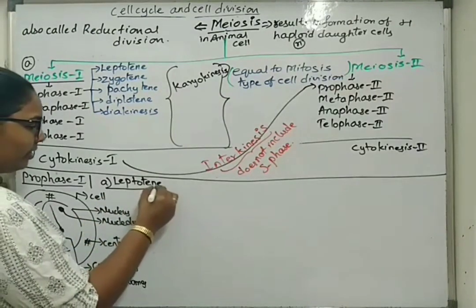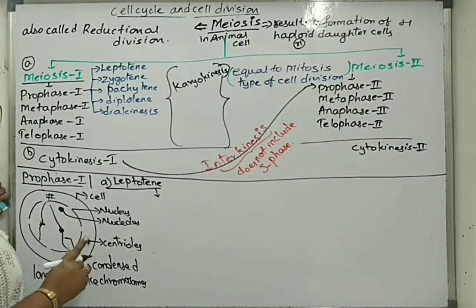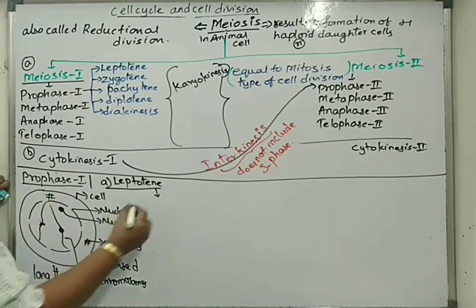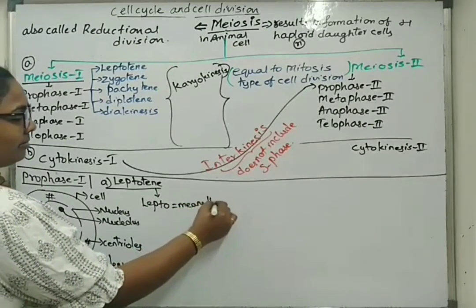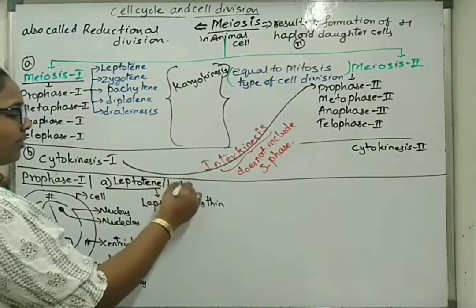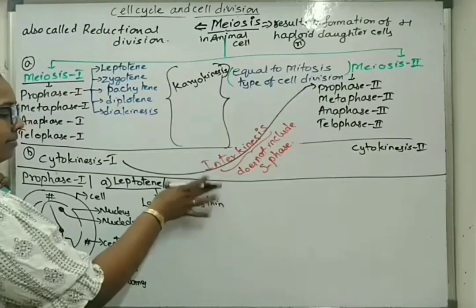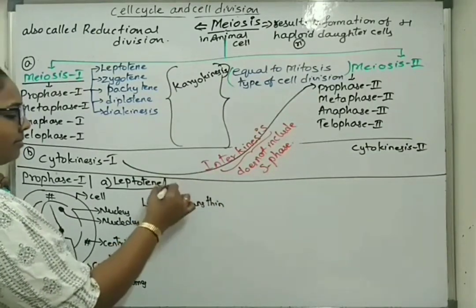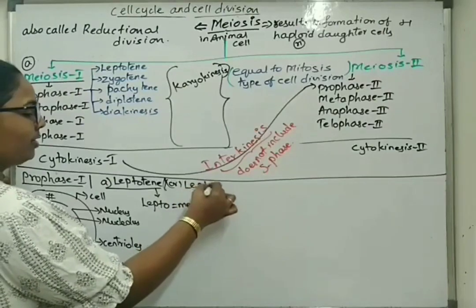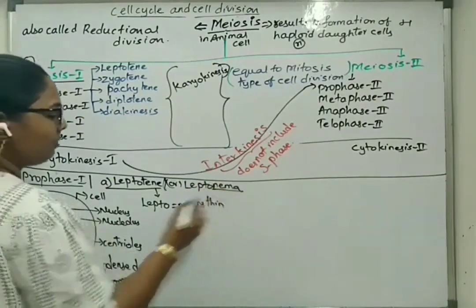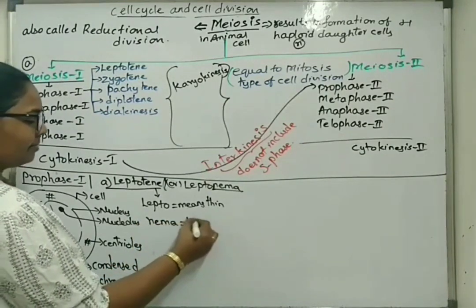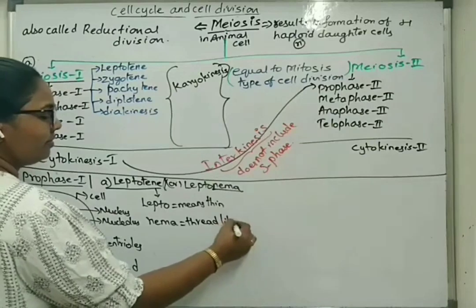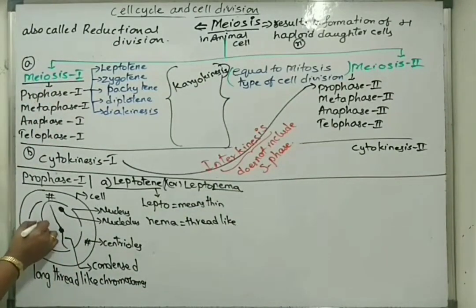What is the leptotene root word meaning? It means formation of long thread-like structures. Lepto means thin, also called leptonema. Here, nema means thread-like. So thread-like structures are formed in the leptotene substage of prophase 1.